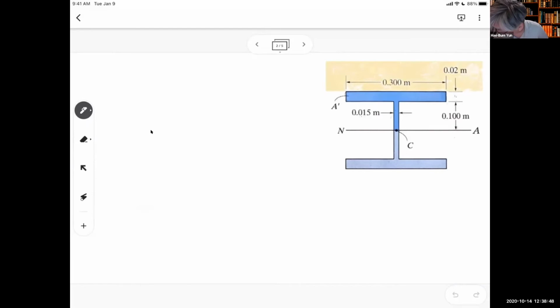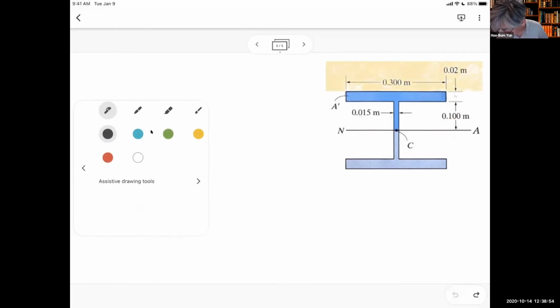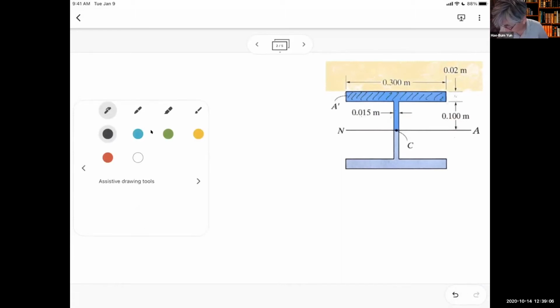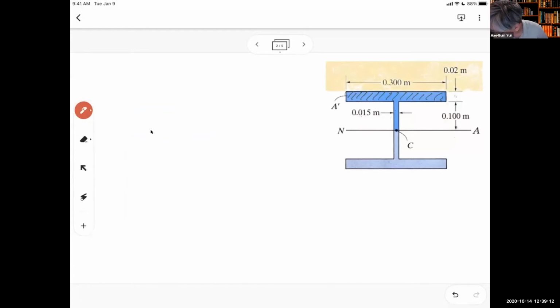I'm going to use black here. One that we have at the flange, and one that we have at the web. We have two different areas.